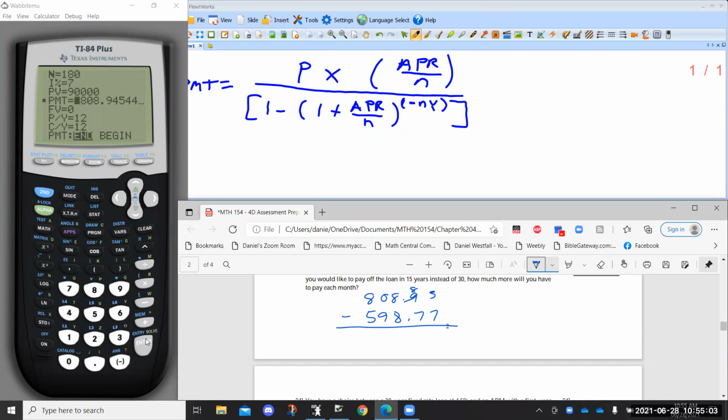So your difference in your payments is going to be $210.18 a month.